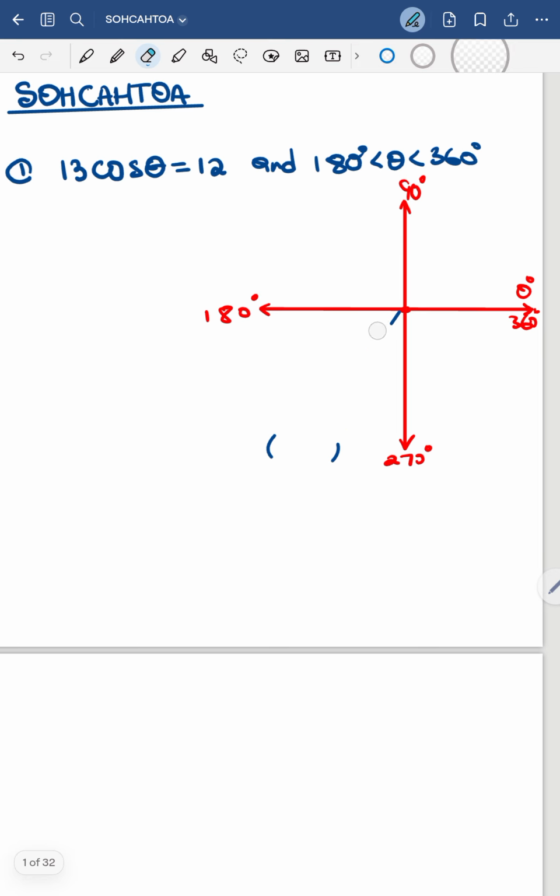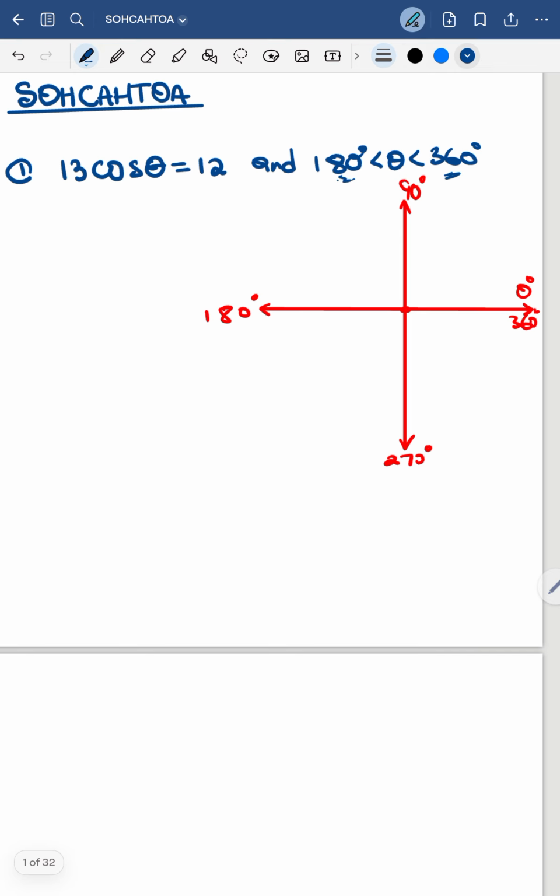In our previous lesson, we talked about the imaginary circle that has a radius, which is your hypotenuse of the right angle triangle. Then we have the adjacent and the opposite side. Now let's talk about this interval.